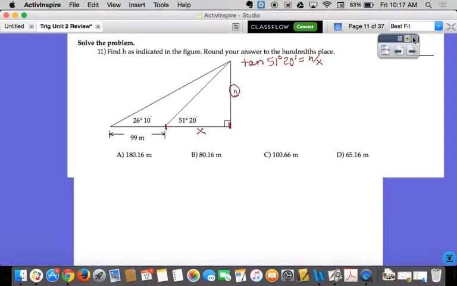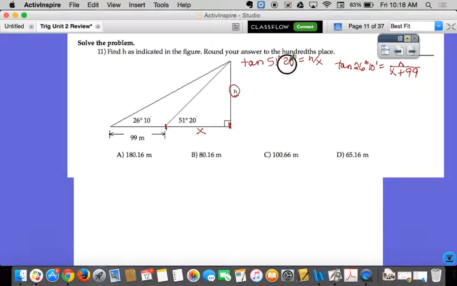Now let me roll this up and get him out of the way. From the other triangle, we know that tangent of 26 degrees, 10 minutes is h over x plus 99. Now, we need to cross multiply those things, because our goal is to get it into something that we can combine and get one equation.